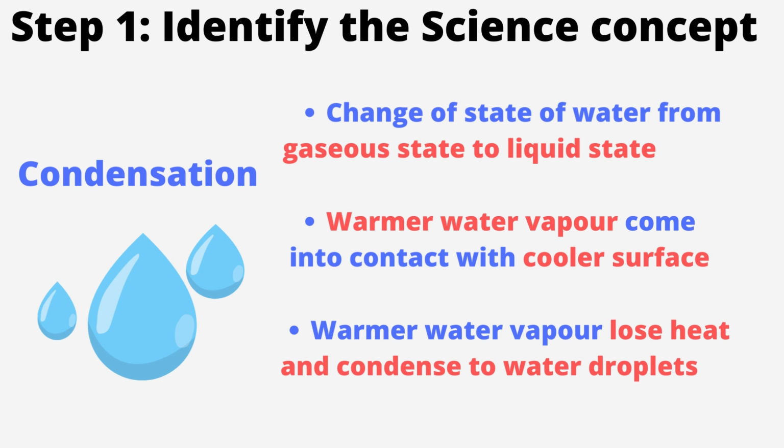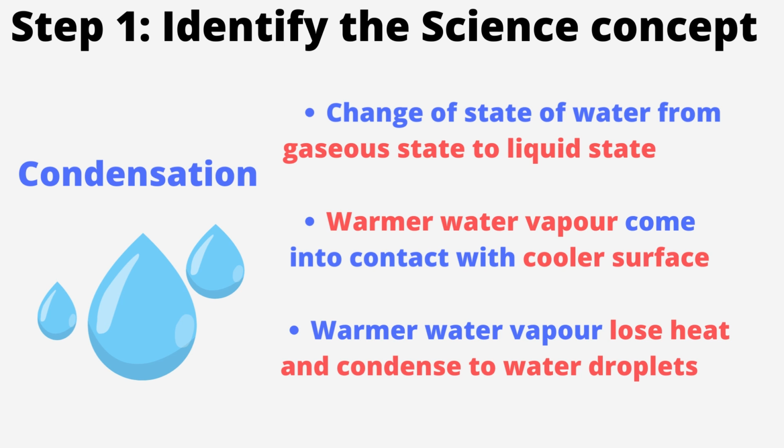Now, let's recap. When we talk about the process of condensation, what are the three main key points that we need to know? First, what is condensation? Condensation is a process where water changes state from the gaseous state to the liquid state. How does that come about?